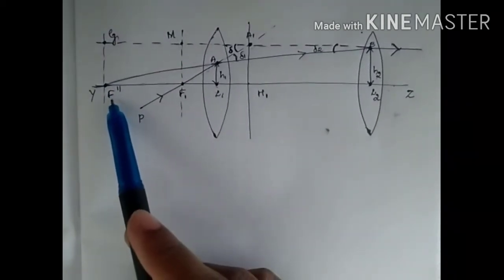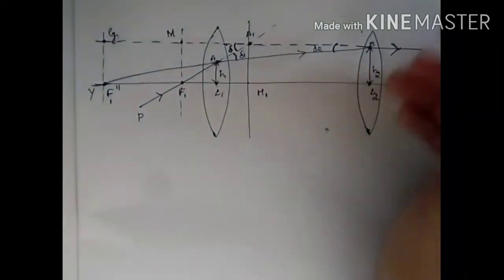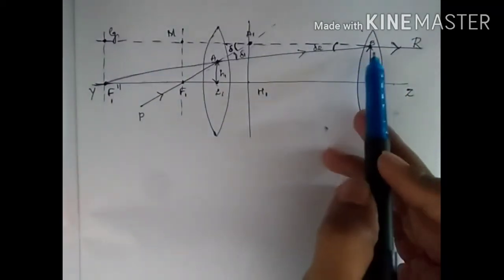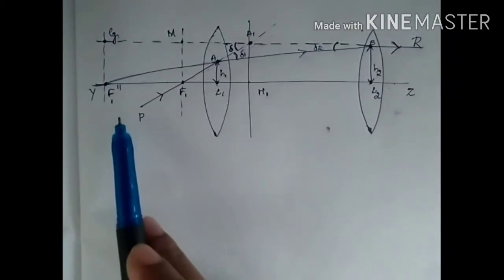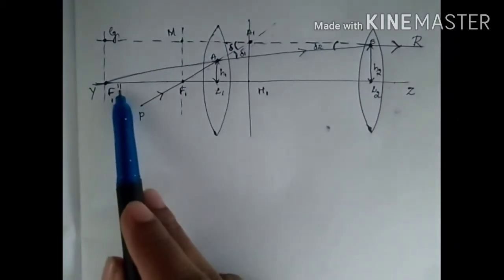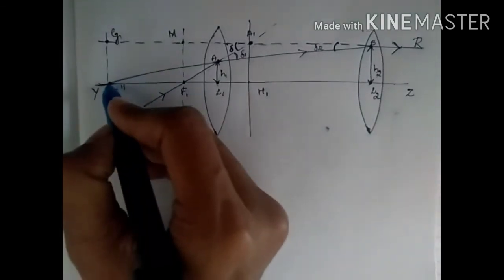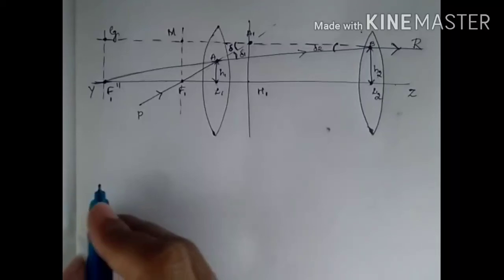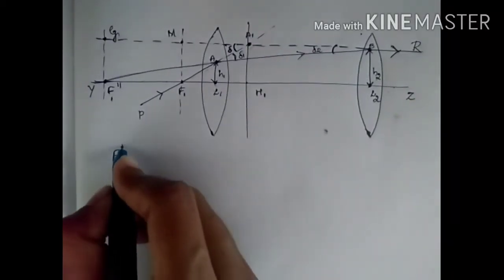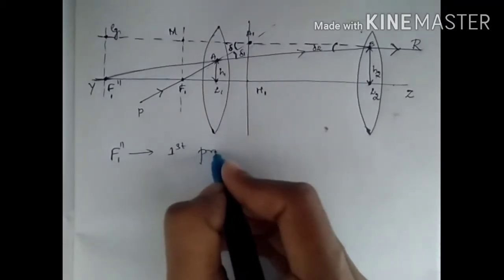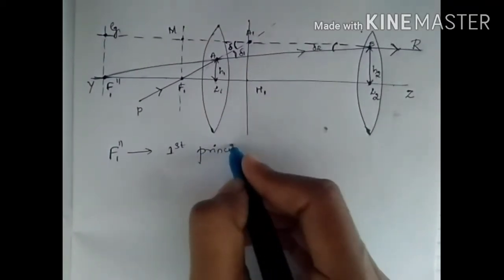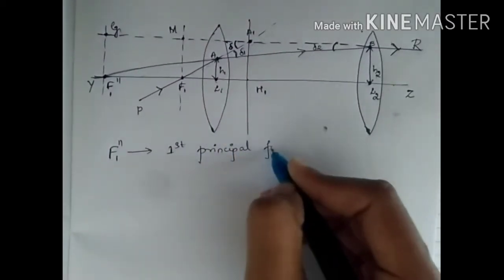So as you see, BR is parallel to the principal axis. So the point F1 double prime can be said as what? The first principal focal point. So this is first principal focal point. F1 double prime is first principal focal point.